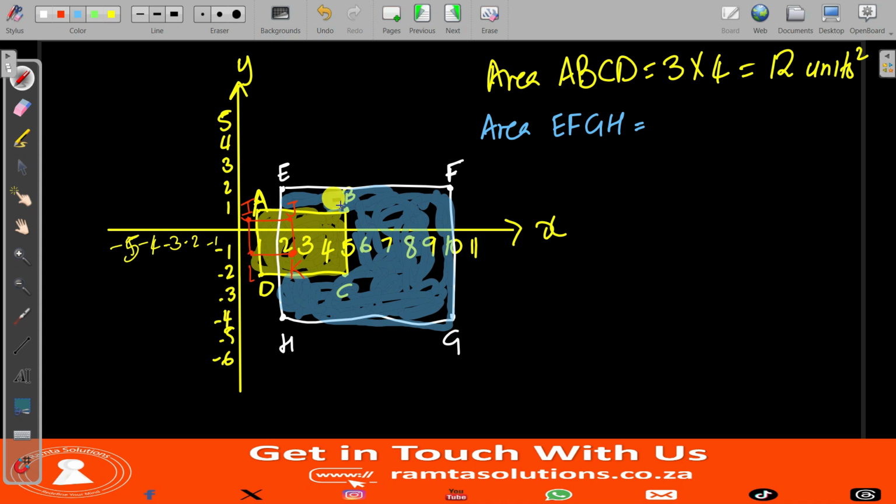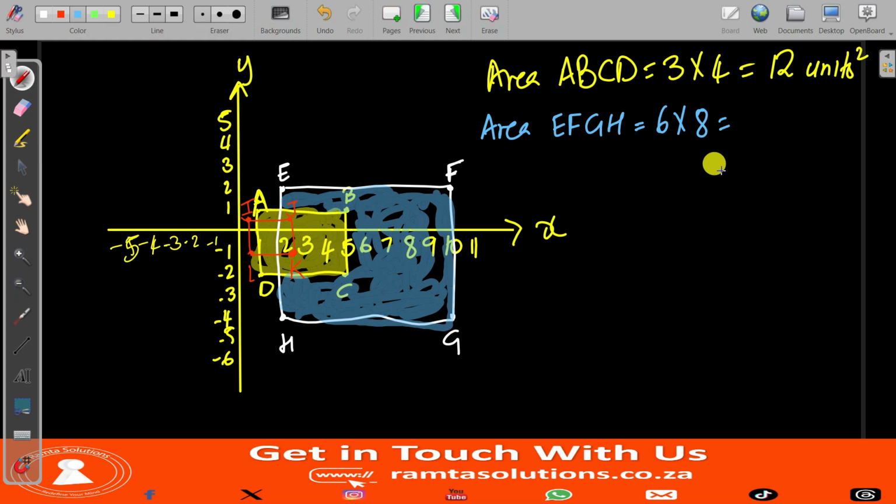Indeed, it's 6. So it's 6 units multiplied by what is the length? 10 minus 2 is 8. Let's convince ourselves. 1, 2, 3, 4, 5, 6, 7, 8.